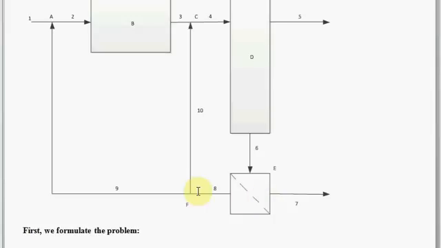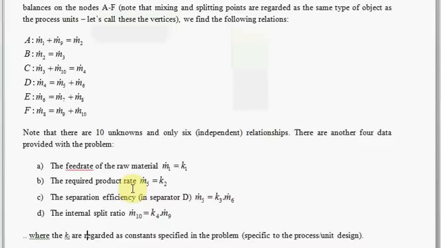So down here we can see stream 8 splitting into streams 10 and 9. So we can identify that split ratio as being K4. So these K values we'll just regard as some known constants, and so these 10 here are indeed relationships we can use to determine all the unknown variables in the system.